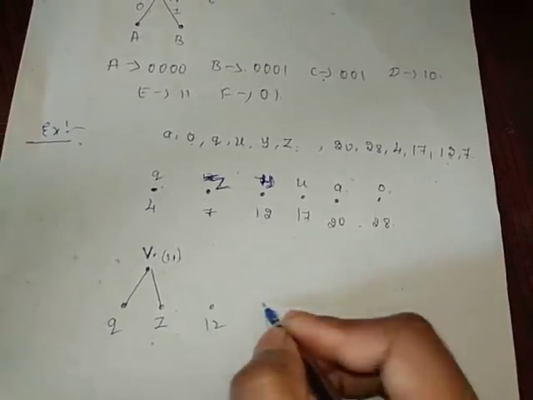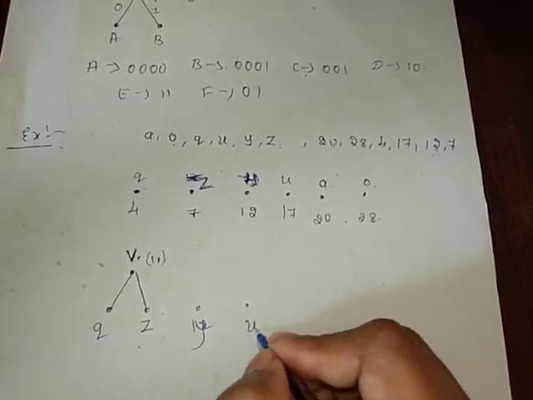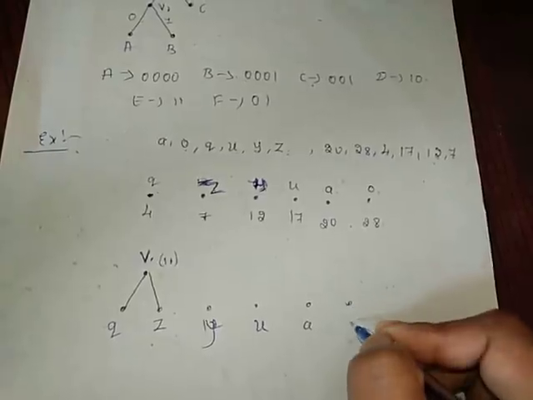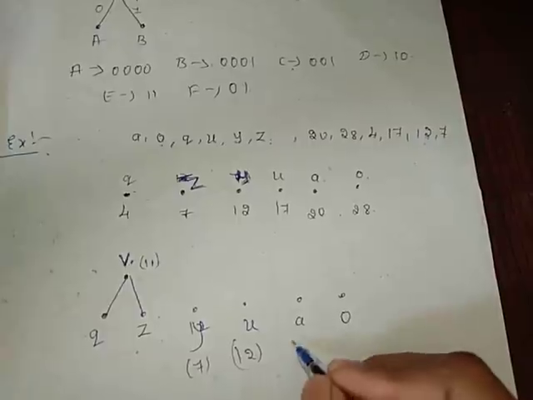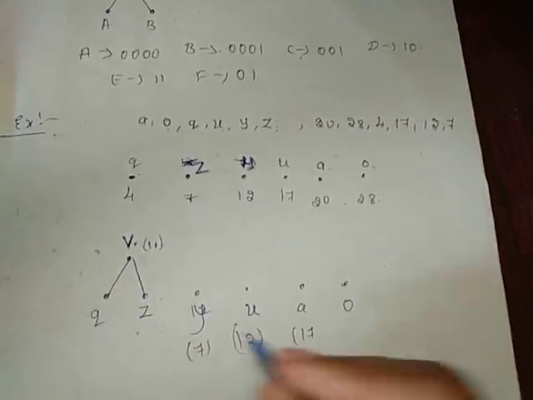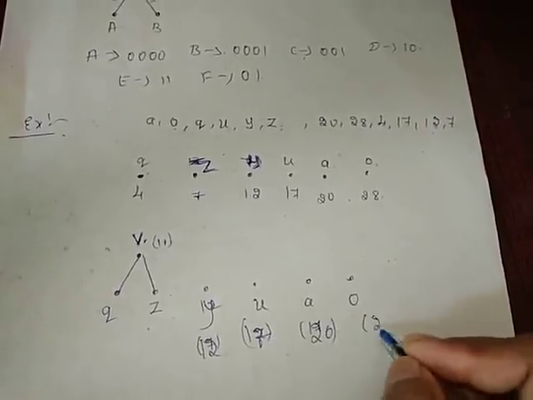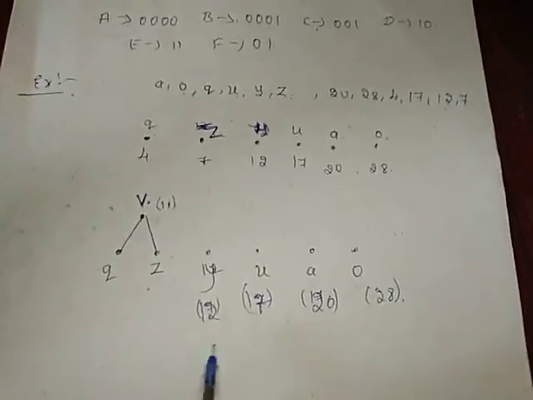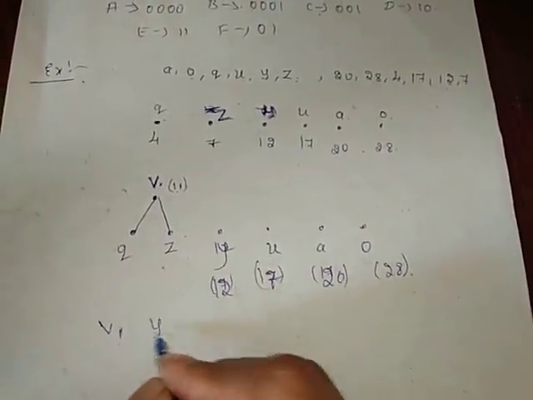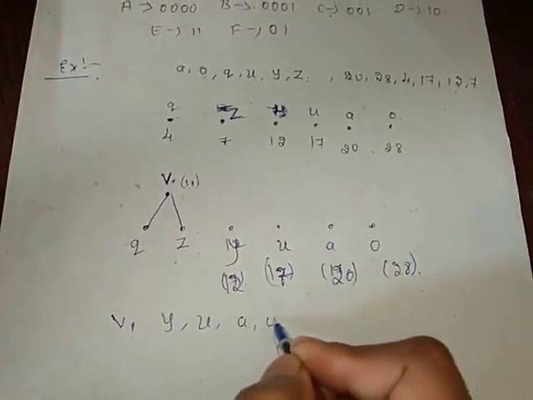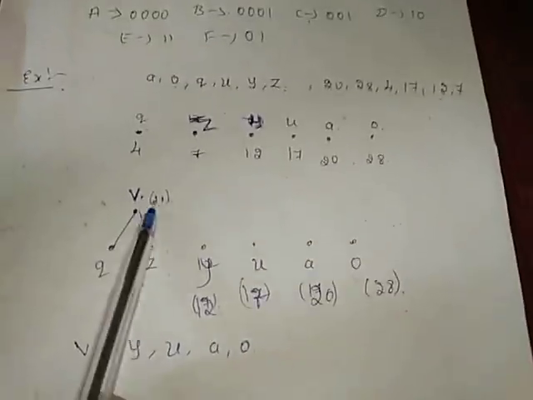Now the remaining vertices are Y, U, A, O having the weights respectively 12, 17, 20, 28. Among the remaining vertices V1, Y, U, A, O, the 2 minimum weights are 11 and 12.